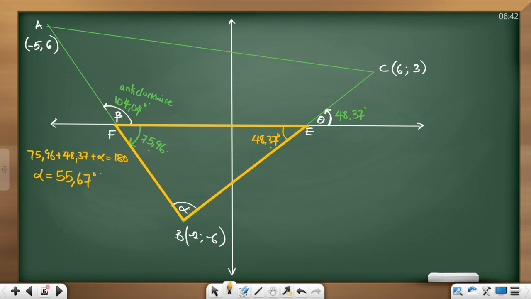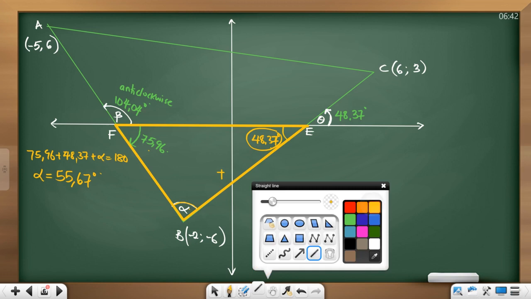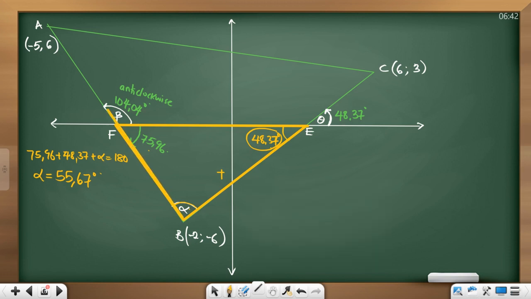Or I should know that, what's this one? This angle plus this angle should give me the exterior. All right, I'm sure you still remember our exterior story. The exterior, we need to know that. That's very important.